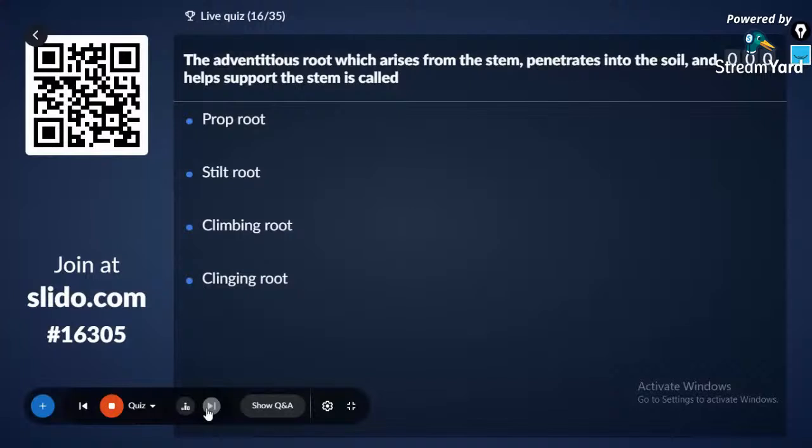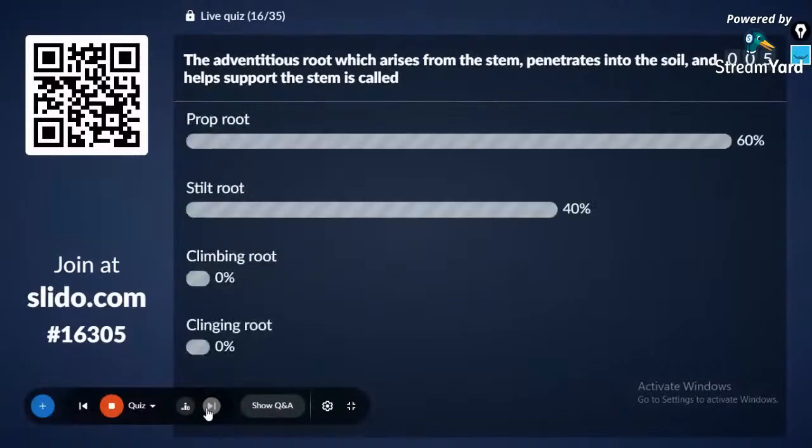The adventitious root which arises from the stem, penetrates into the soil and helps support the stem is called prop root, stilt root, climbing root, clinging root. Okay, prop root. Perfect. Next question on the screen.